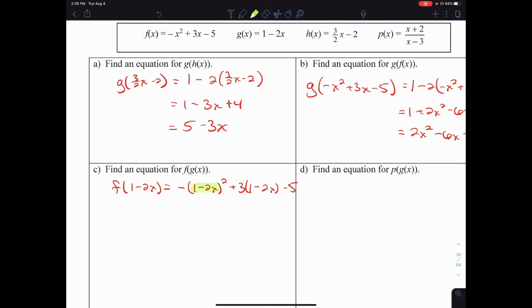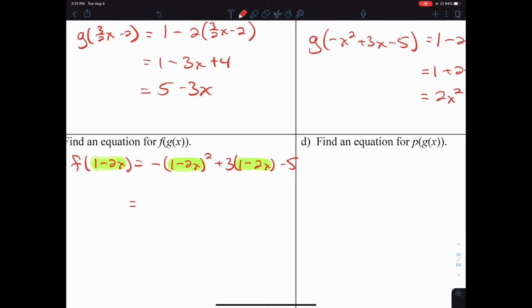Just for emphasis, these highlighted things were x's originally, and we replace them with 1 minus 2x. 1 minus 2x squared is going to be 1 squared, which is 1, minus 2x times 1 doubled, which would be a minus 4x, and then plus this squared, which would be 4x squared.